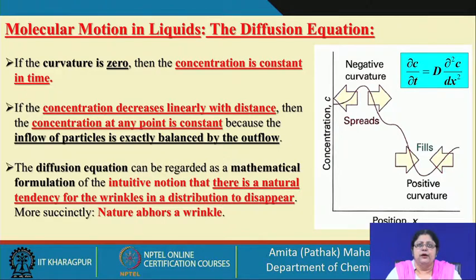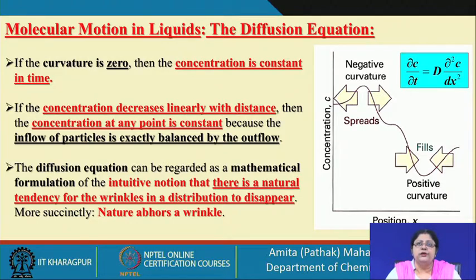That means the equation which we have derived gives us a mathematical formulation of what nature has a tendency towards: having the wrinkles disappear. That means, nature abhors wrinkles.